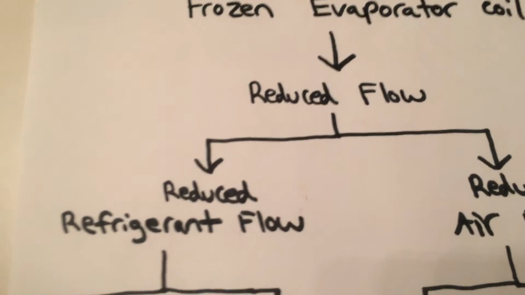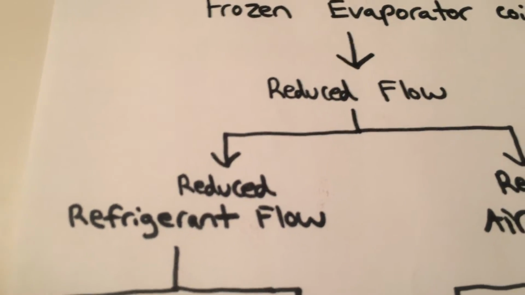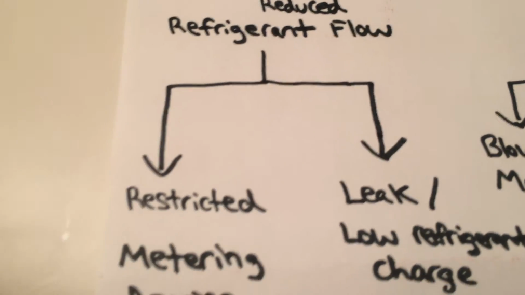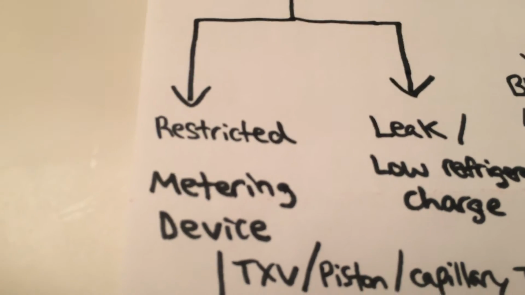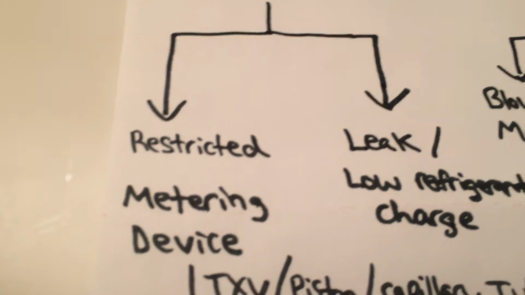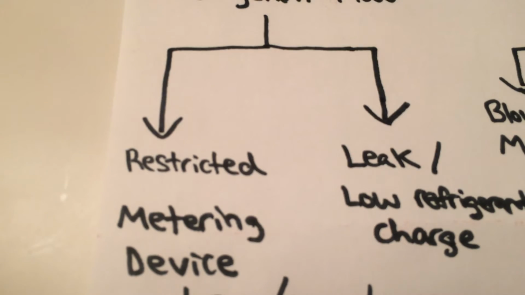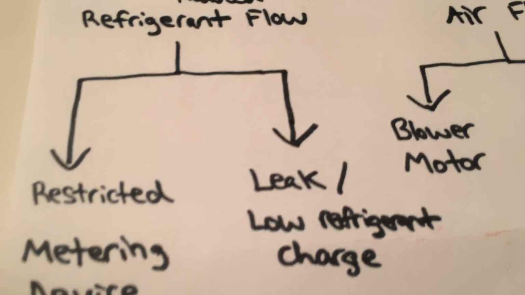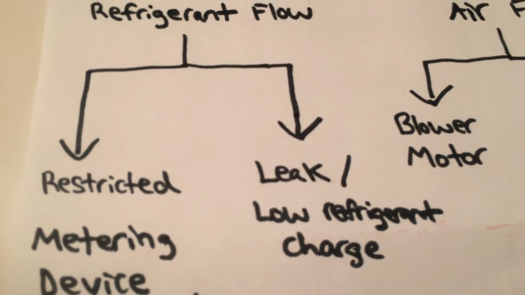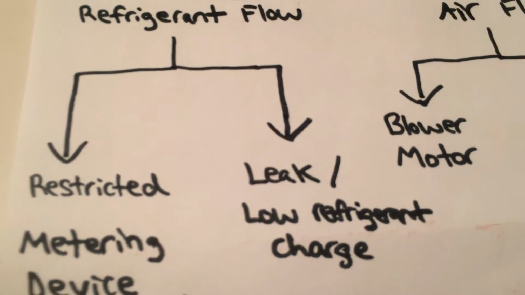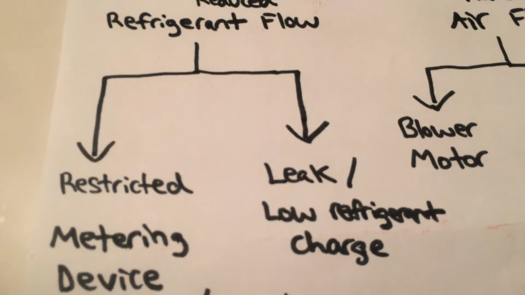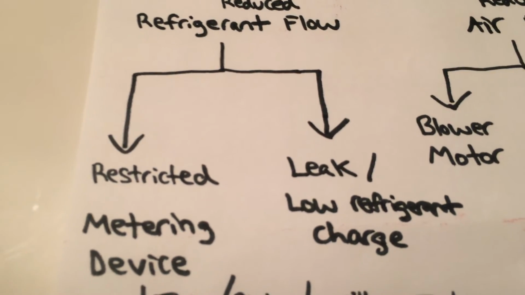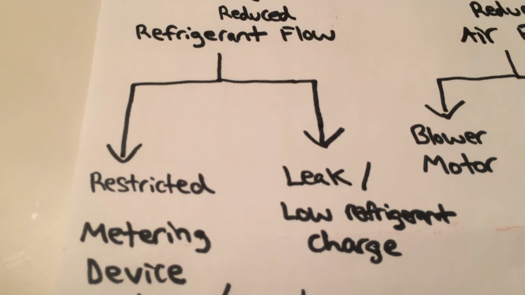The other side of the column is reduced refrigerant flow. Moving down, causes of this are further divided into two categories: restricted metering device and a leak or low refrigerant charge. So with these two items, it's also important to know that the compressor is a positive displacement pump, and it's trying to pump a constant volume of refrigerant.